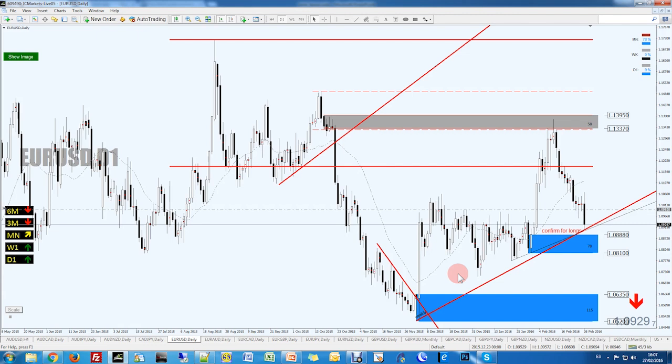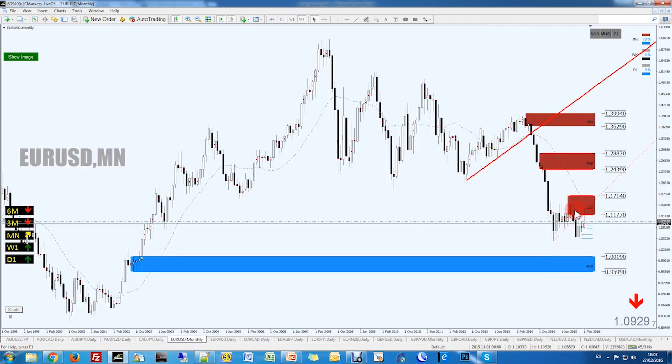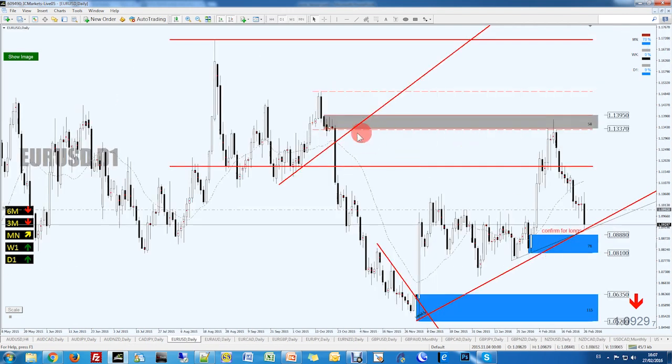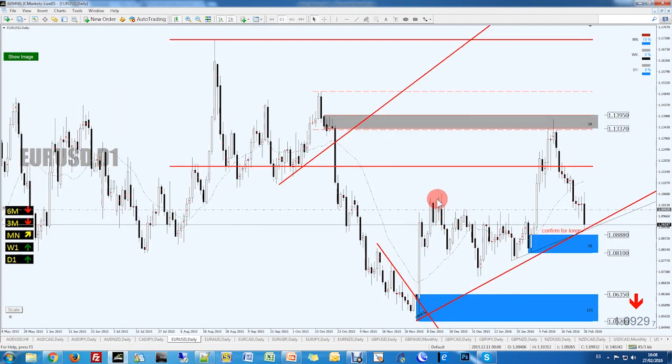Because the high probability WoW setups go with the trend, like this one. Monthly still down, 3 months down. So when we get a WoW short on the weekly, daily, and monthly, then our bias is going short. Okay, that's it. Hopefully this will be very clear. Thanks a lot.